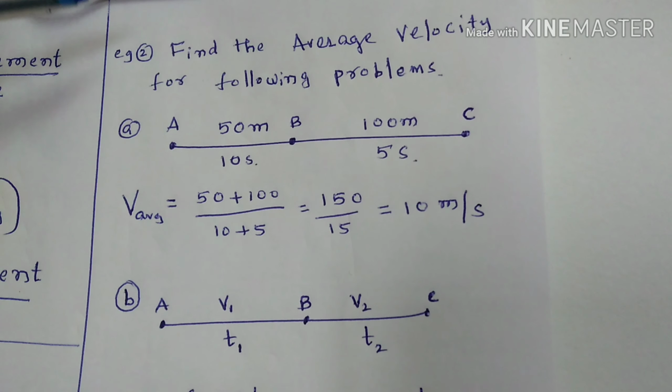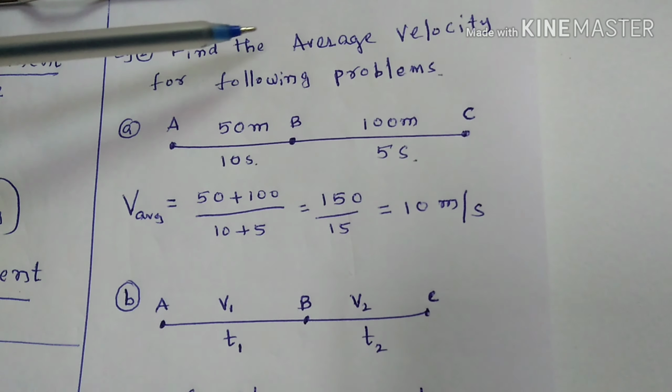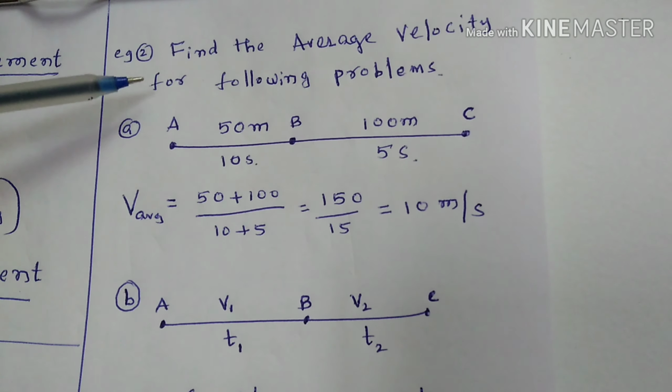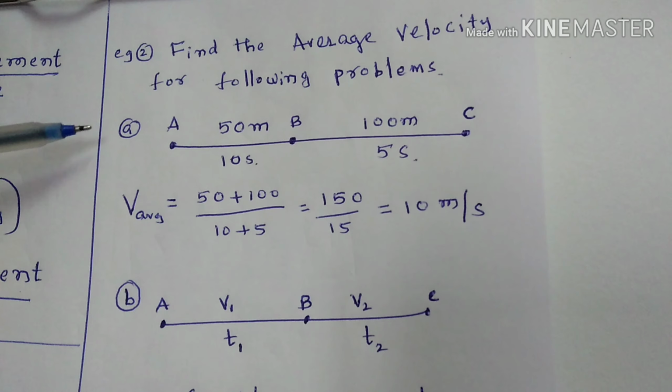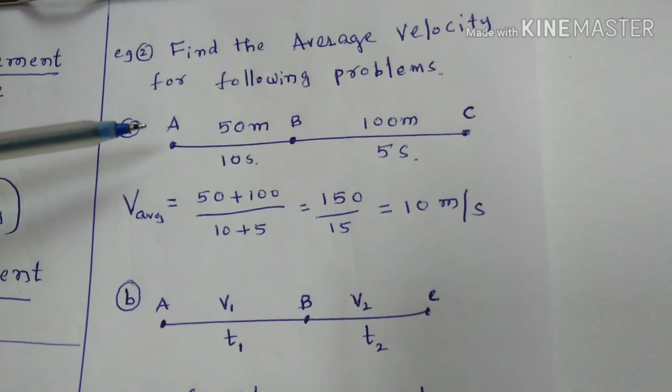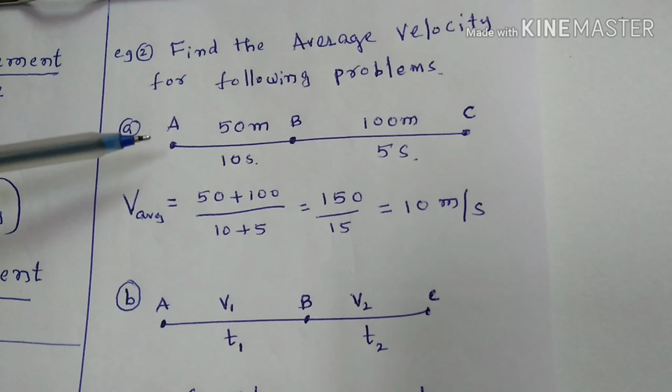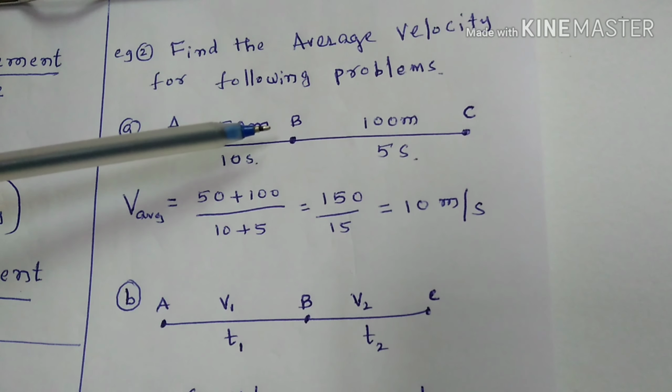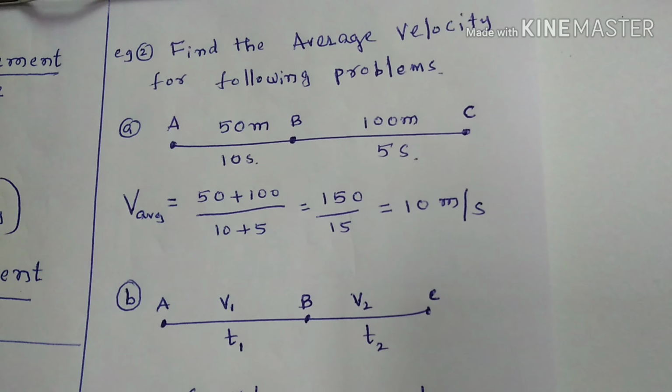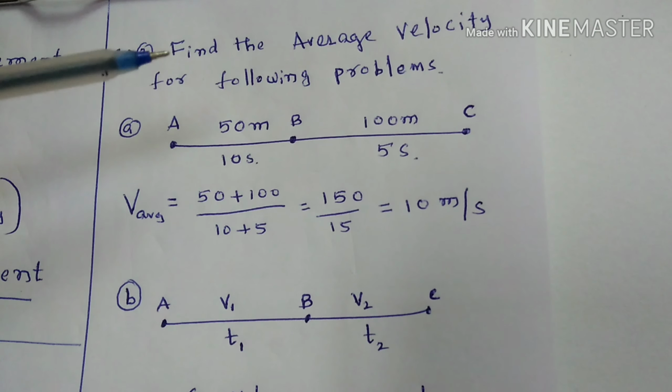This is example 2. Find the average velocity for the following problems. See here, question number A. One particle or one person is traveling from A to B and B to C. So for the total path from A to C, we have to calculate the average velocity.